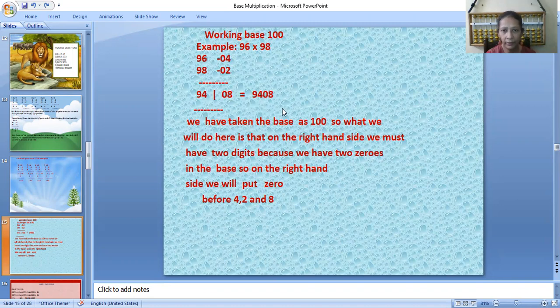When we have the base 100, on the right hand side we must take 2 digits. Why? Because 2 digits are there in 100. Then in the base we have put this 0 with this 8, and with this 4 also I have written the explanation. 4, 2 and 8, we have put this 0 here extra because in the base you have 2 zeros. Okay, now let's look at the next example.